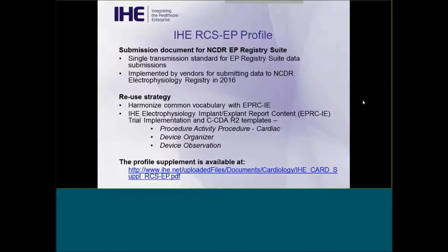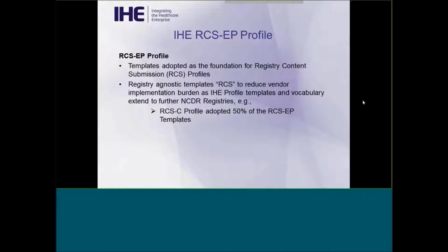Can you please go to the next slide? So we're adopting these, specifically the templates that we've defined in RCS-EP, as a foundation for registry content submissions, many of the profiles, as we extend profiles across the NCDR registries. And we're focusing on registry-agnostic templates to reduce the vendor implementation burden.